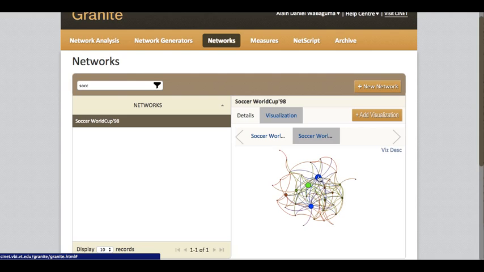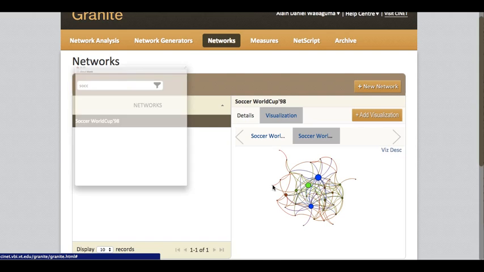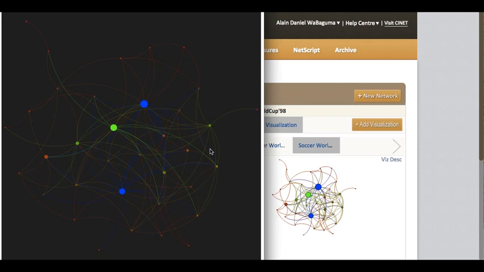So for example, I don't see a connection between this edge and this one, which basically means that nobody from that country has been sold to that one or this one.